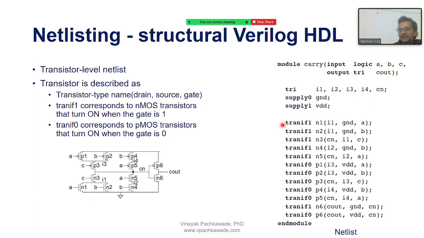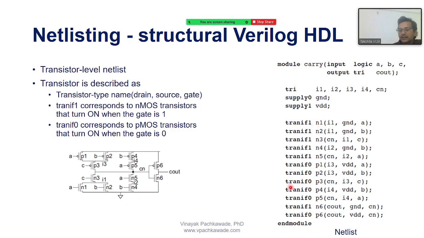Basically, as a logic engineer, when I am writing this code or this netlist, I would look at the schematic and keep writing this code one by one. Similarly, let's take the example of tranif0. It is a PMOS transistor. Tranif1 are all NMOS transistors, and I am naming them N1 up to N6.